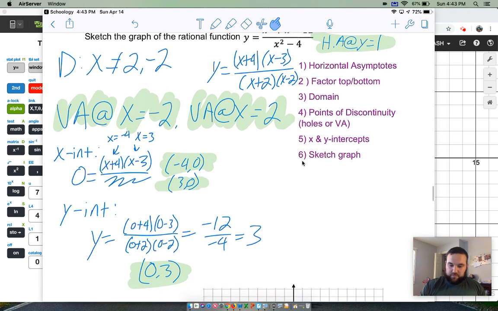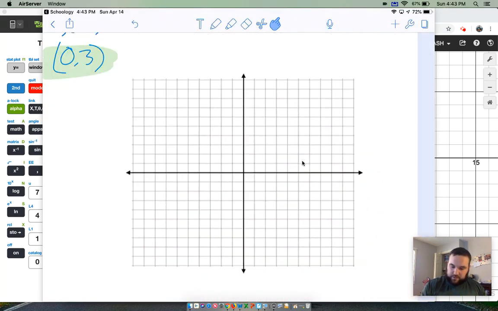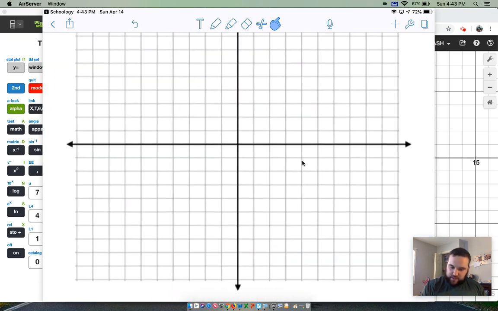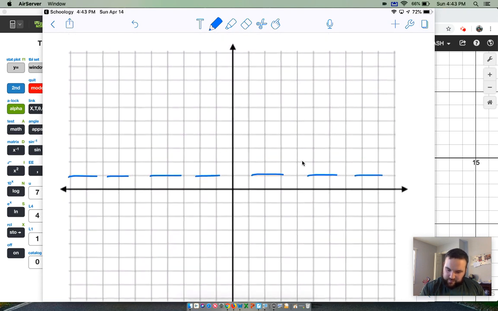So what I'm going to do is first put dashed lines on my graph at my asymptotes. I have a horizontal asymptote at positive 1. Then I have a vertical asymptote at positive 2 and negative 2. So I'm going to go ahead and just put a vertical asymptote at positive 2 and one at negative 2.